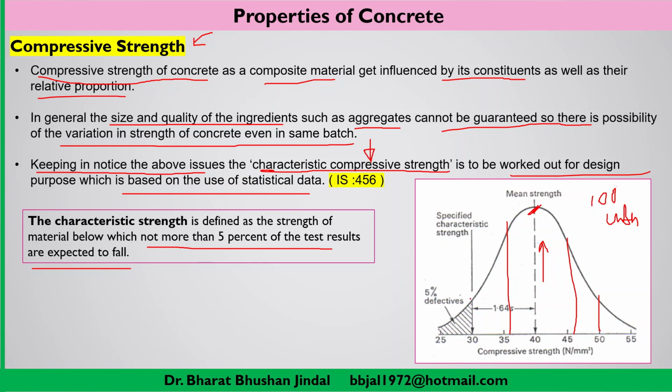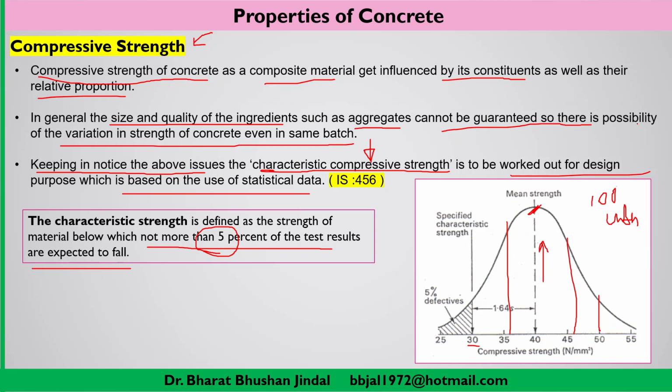So at this 5%, as per statistical analysis, not more than 5% of the test results are expected to fall. So from this figure, we can say that the characteristic strength of this lot of concrete is 30 MPa.